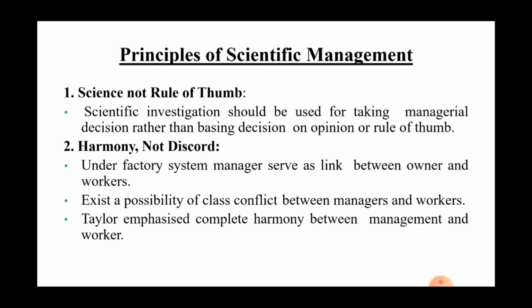First principle: science, not rule of thumb. Old conventions and beliefs are to be replaced by scientific investigation and analysis, replacing the rule of thumb method with methods based on scientific study of the task. You can say that it is basically standardization of work.